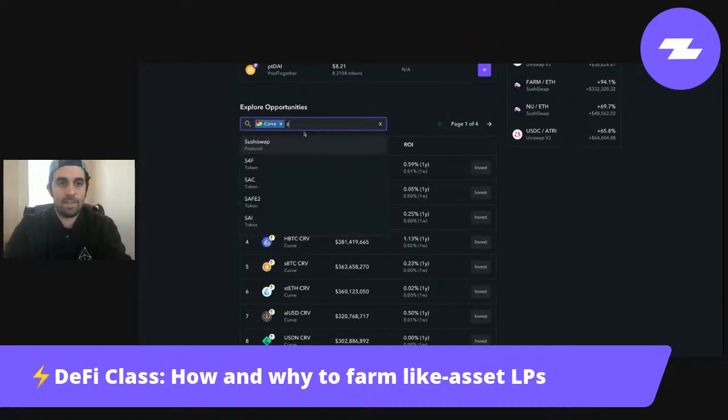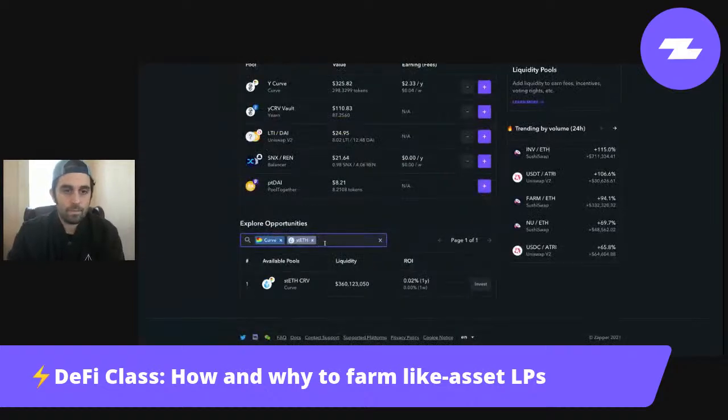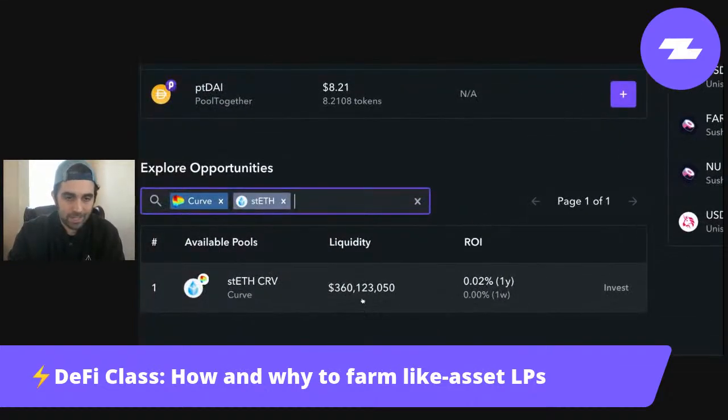So if I look up Steth, here we go. This one has 360 million in liquidity. Based on the trading volume in this LP, I'm earning those trading fees, or those market making fees.